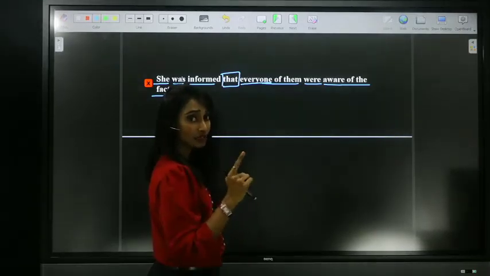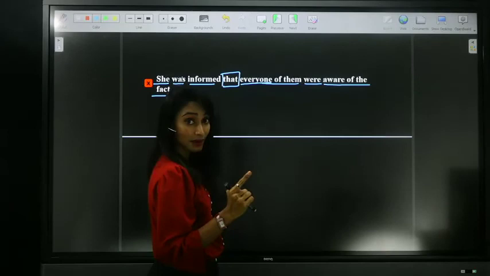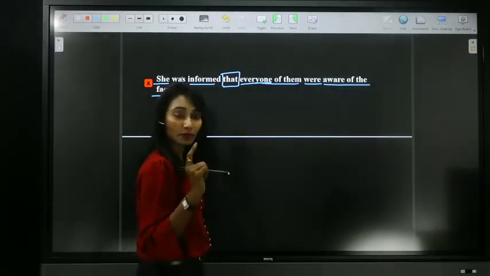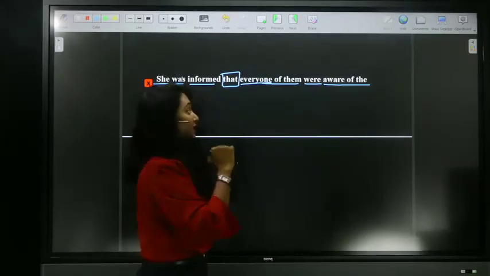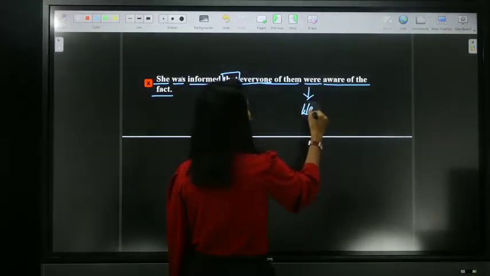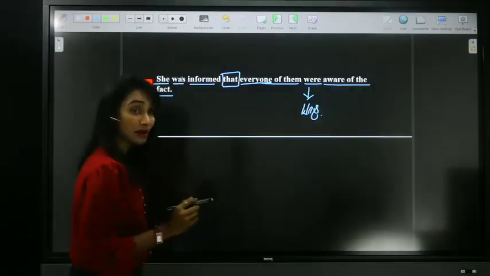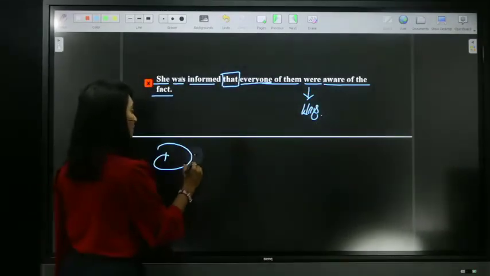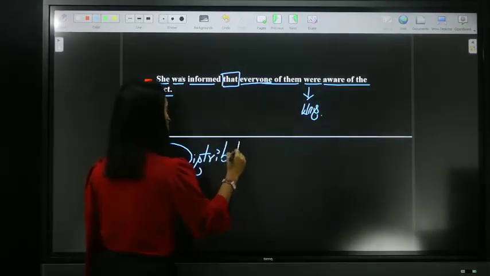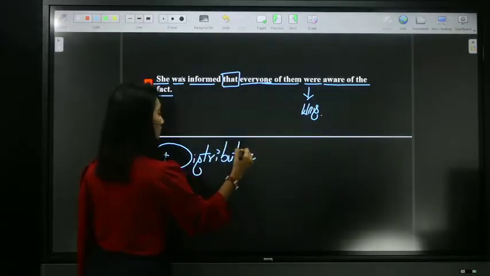Each, every, either, neither, any, none. Remember, indicate one at a time. So every one of them. So many are there, every one at a time. That means we require singular. So was aware. So remember guys, we are seeing a number of examples with these distributive pronouns.